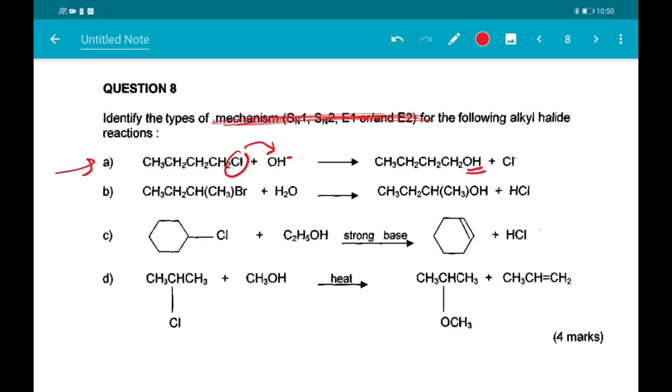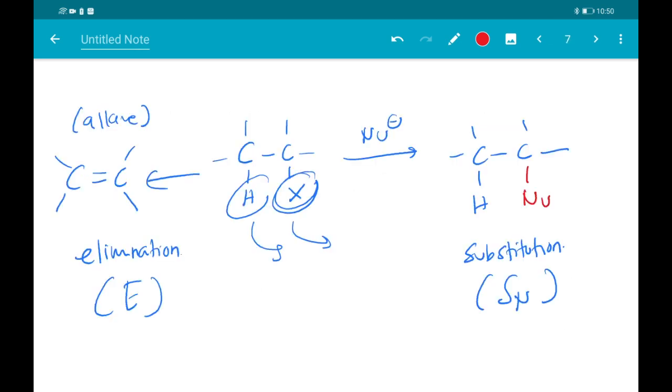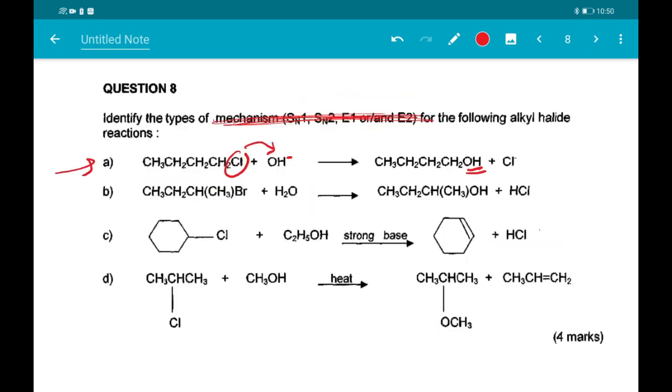So clearly, if we refer back to our earlier diagram, you can see that the X, which in this case is the Cl, has been replaced by the nucleophile. The nucleophile in this case is the OH negative. Please take note that every nucleophile has a negative charge. So clearly this is a substitution reaction.